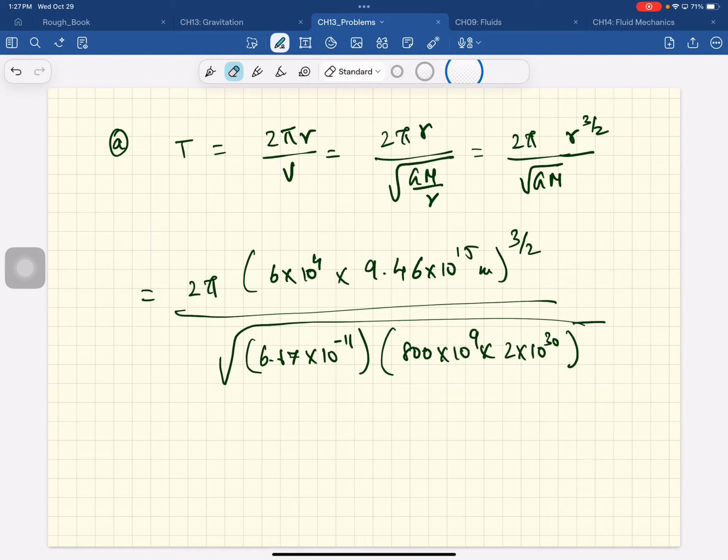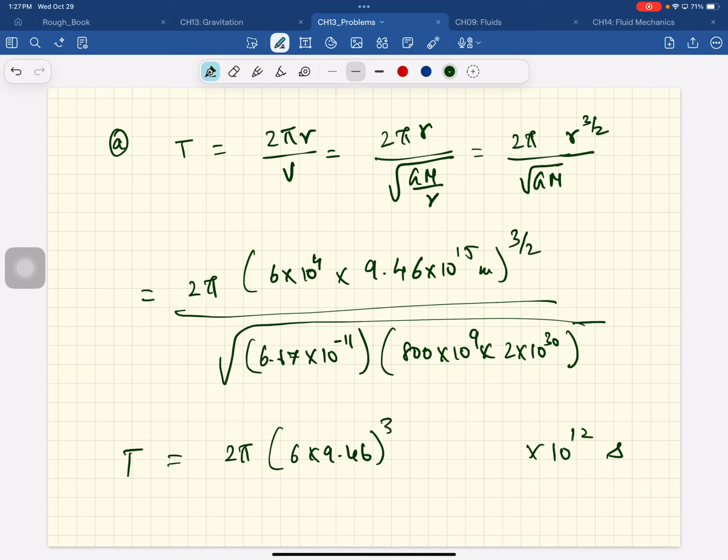Did I do that right? And that's in seconds. So 2 pi, 6 times 9.46 to the power 3 halves, square root of 6.67 times 16. We'll know in a second if I did it right.